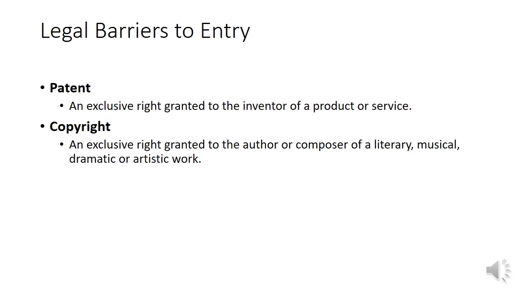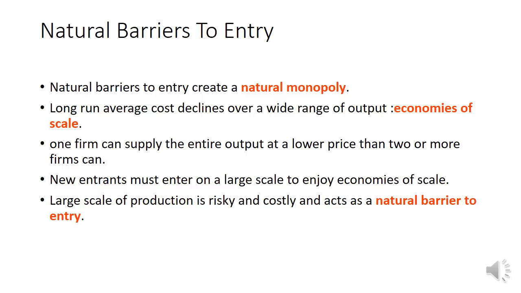Okay, for natural barriers we look at cost, where a company, when it becomes a larger and larger firm, maybe by taking over some firms or buying them over, begins to enjoy more and more economies of scale. Now, we touched on this in the previous topic on output and cost.